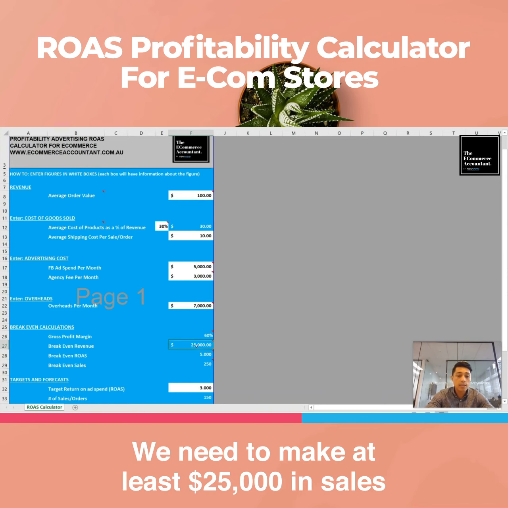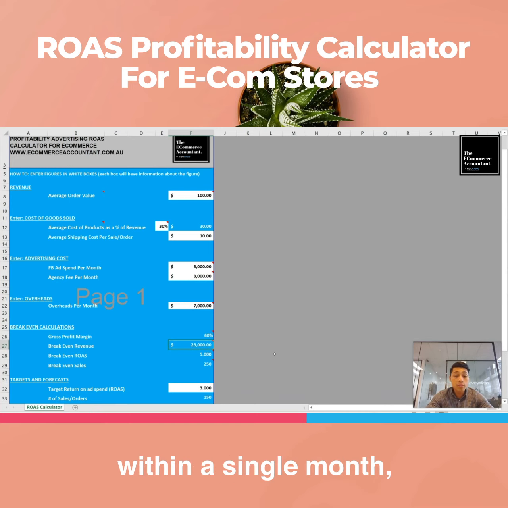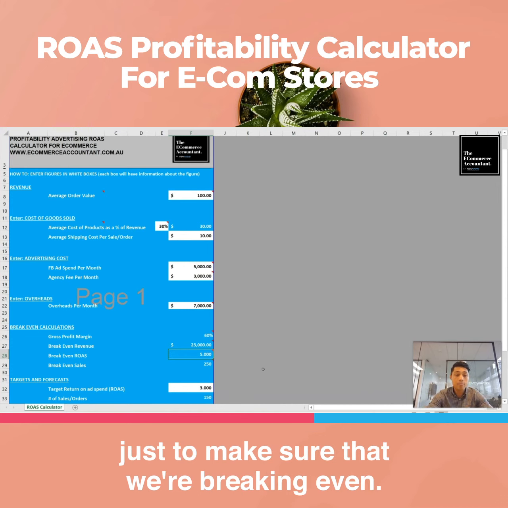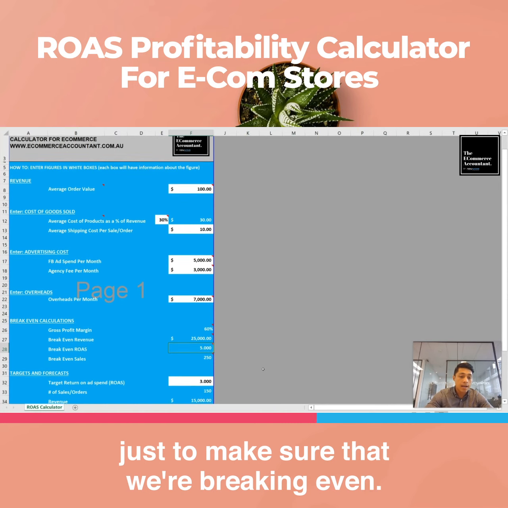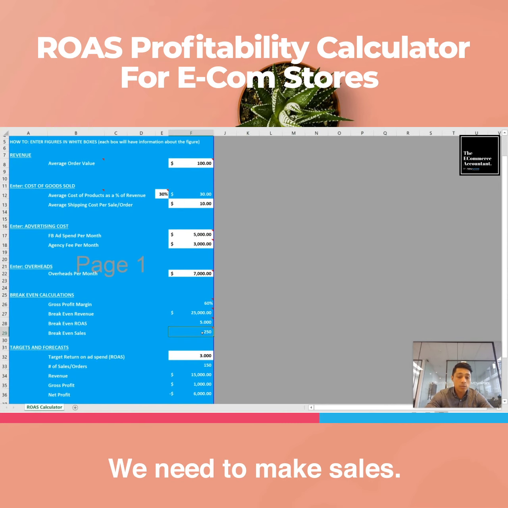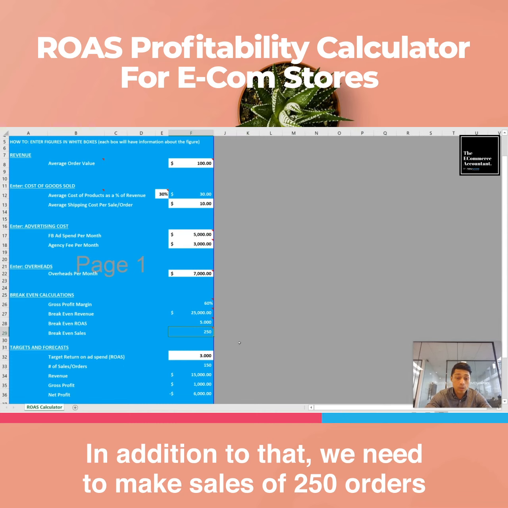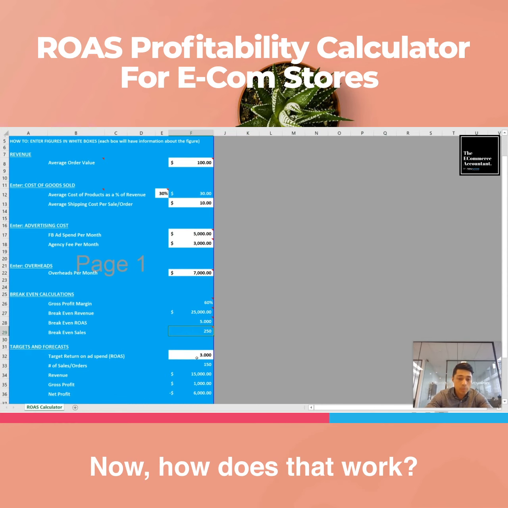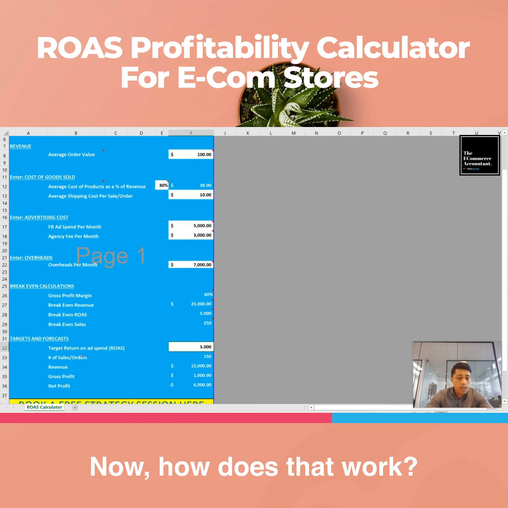We need to make at least $25,000 in sales within a single month, and we need a return on ad spend of 5 times just to make sure that we're breaking even. In addition to that, we need to make sales of 250 orders, to make sure that we're breaking even. Now, how does that work?